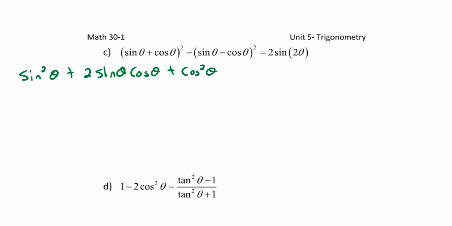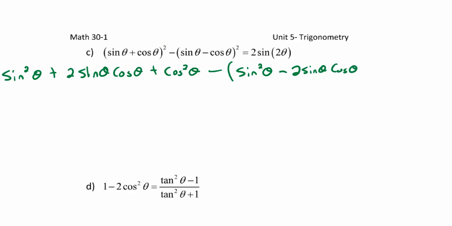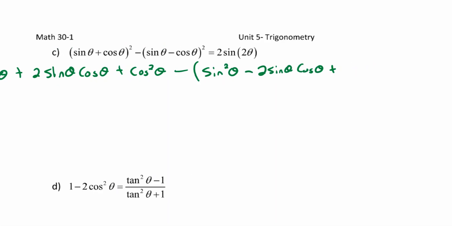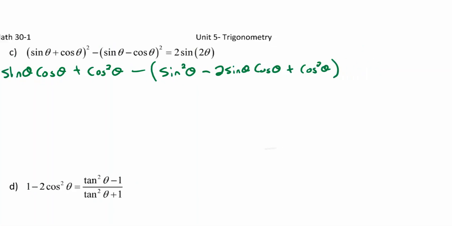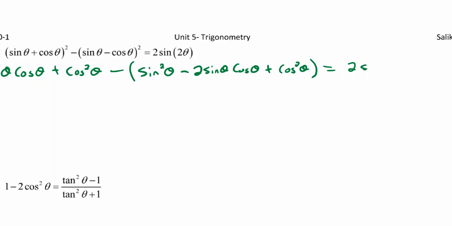Okay, and then we've got minus, and then we'll do this next part. I'll just do the same thing again, but this time we're going to have sine squared theta, and then this time it'll be minus 2 sine theta cos theta, and then plus cos squared theta, in the bracket there, and that is all supposed to be equal to 2 sine 2 theta.